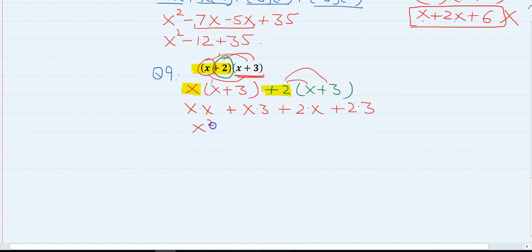So this is x square plus 3x plus 2x plus 6. Now this is an independent term, x square. Now we have 3x and 2x, these are the like terms, so both have positive signs, so we'll add them. 3 plus 2, 5x and plus 6.